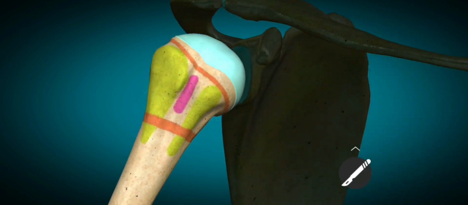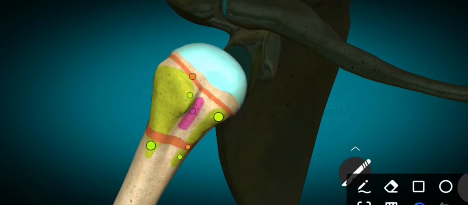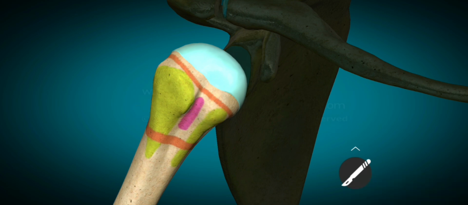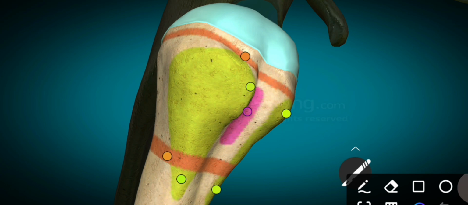Now, there are two tubercles. This is the greater tubercle and this is the lesser tubercle. Another name is the greater tuberosity and the lesser tuberosity. On the greater tuberosity, there are three flat impressions.